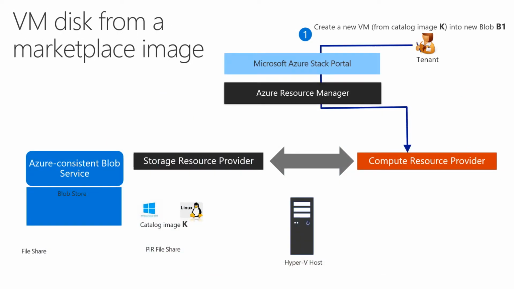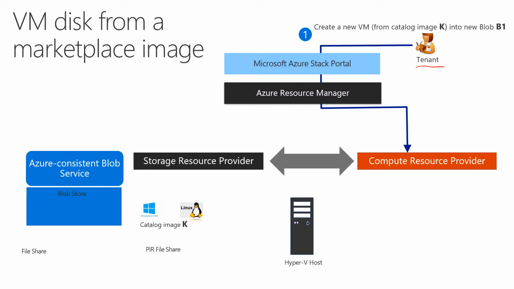So what happens when I create a virtual machine on Azure Stack? Starting on the top right, we create a new VM, for example, from a catalog image called K into a new blob B1. So we are the tenant here. We use the Azure Stack portal. The Azure Stack portal is a client for the Azure Resource Manager.